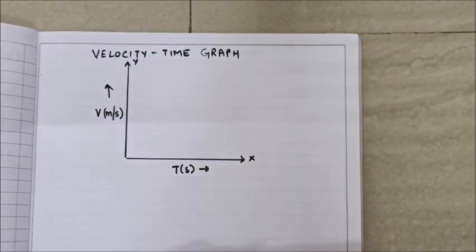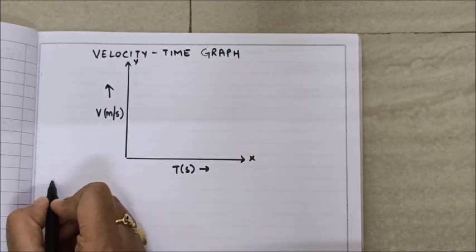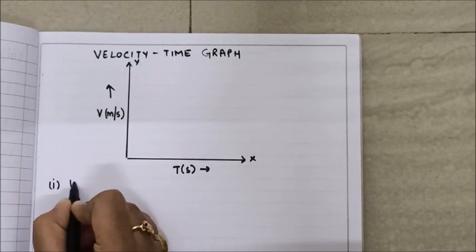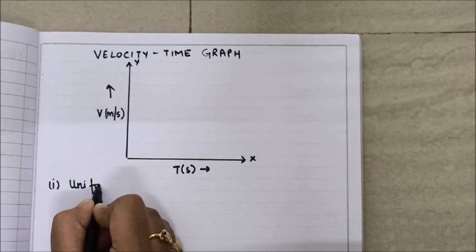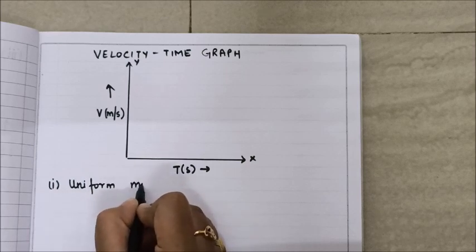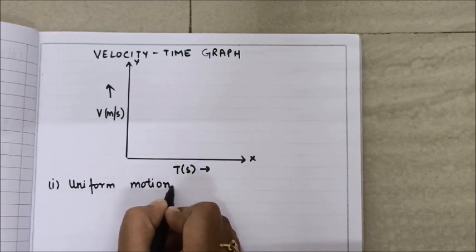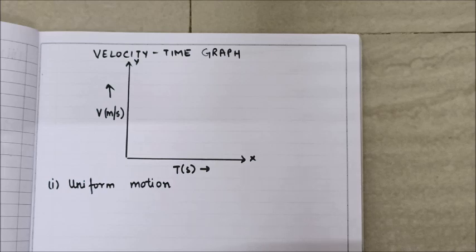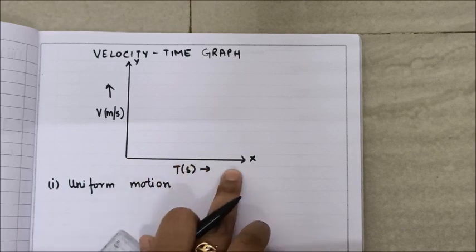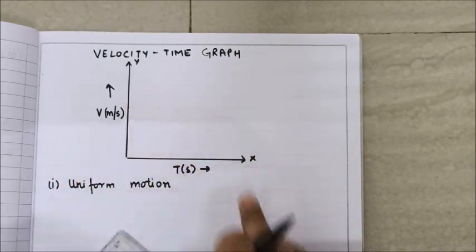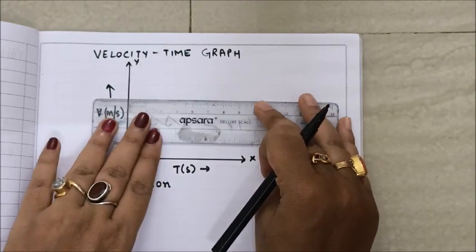Now my first part is an object in uniform motion. When an object is in uniform motion, that means the object is not changing its velocity with time. It is having a constant uniform velocity. So with time, a particular value of velocity will remain the same.